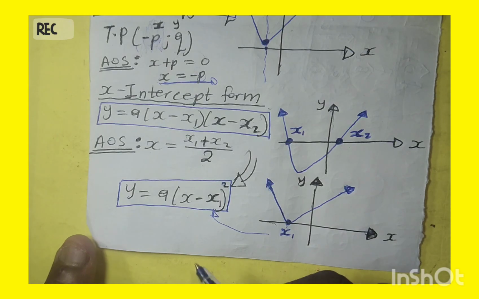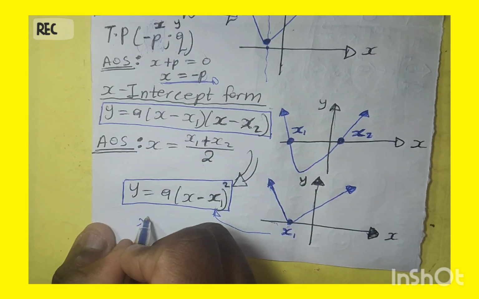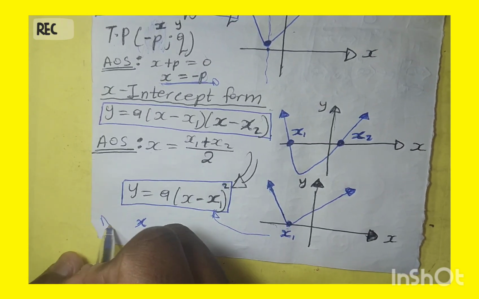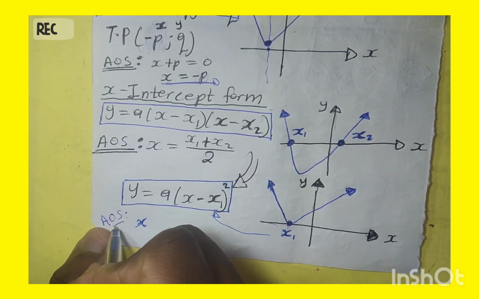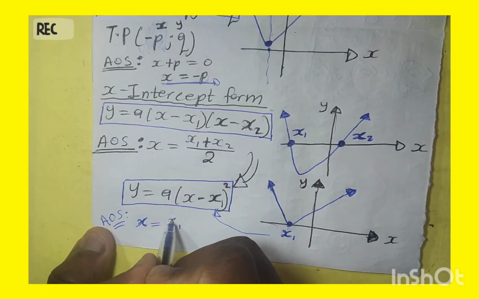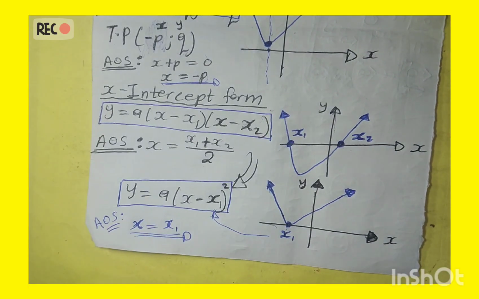And for you to get the axis of symmetry, in this situation, it will be represented by x1 at this point.